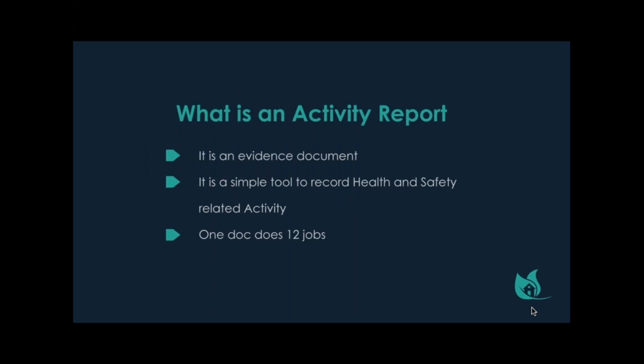So with an activity report, what we've designed here is one document that does a number of tasks. The Health and Safety at Work Act, particularly the old Act, had documents for Africa. You had all sorts of things you had to write down and follow and tick and cross out and so on.